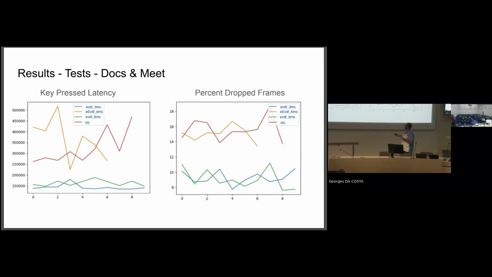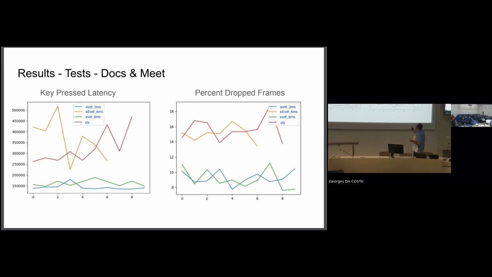But with eligibility off and all the other settings that we had, both 3 milliseconds and 6 milliseconds, the key press latency goes down, and it's a lot more compact. There isn't as much variability, and it goes down from around 250 to around 150. So it's a significant drop in the Meet and Docs scenario.